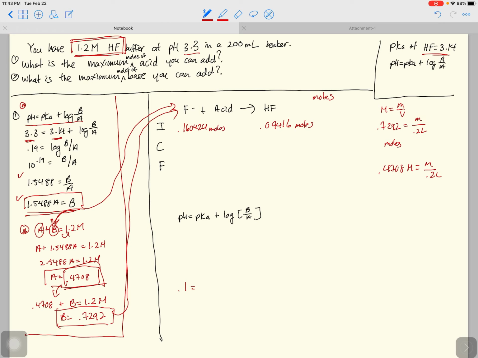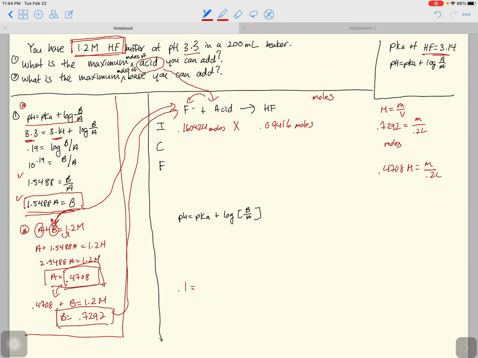You notice, remember, the first question that we're asking is, what is the maximum moles of acid? And so the acid has to react with its conjugate base first. Now, at the moment, do we know how much acid we have? We don't. So therefore, I'm just going to put X. Now, this is super important.